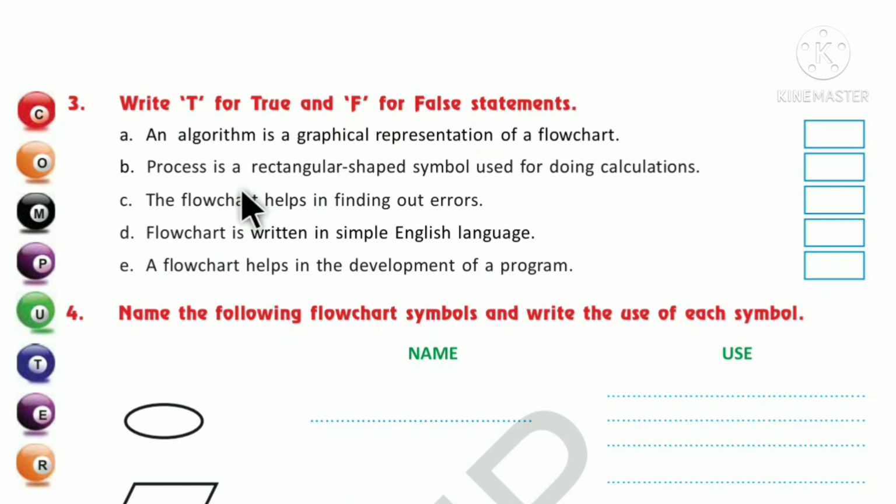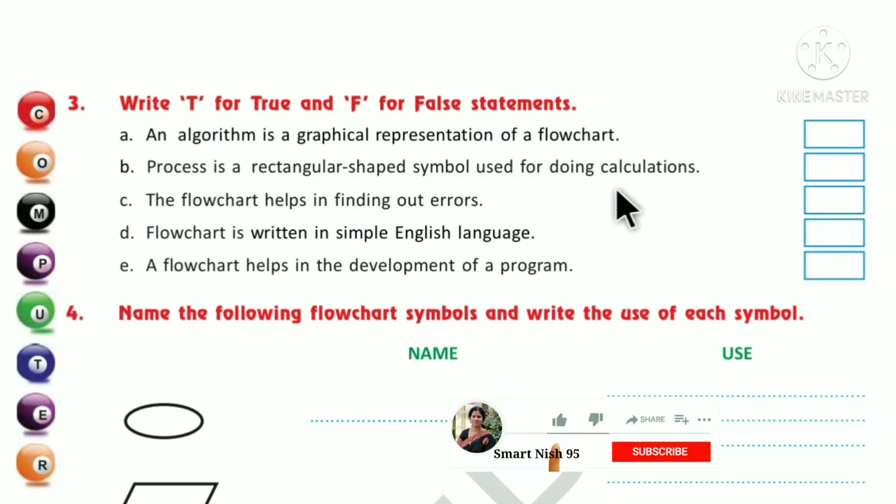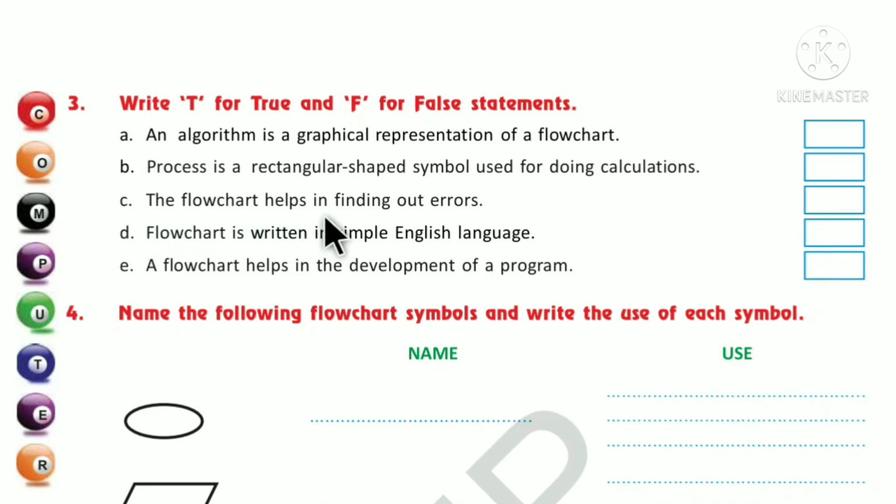B. Process is a rectangular shaped symbol used for doing calculations. True. C. The flowchart helps in finding out errors. Yes, that's true.